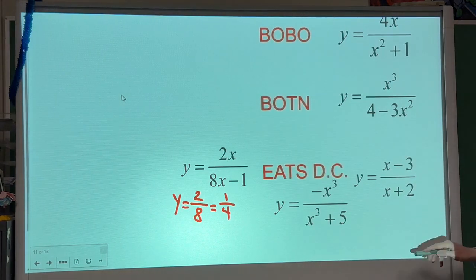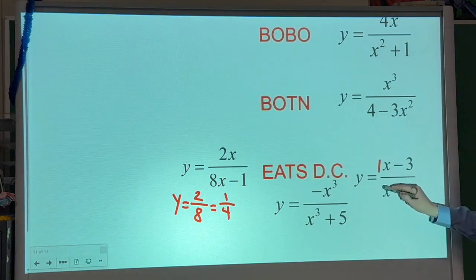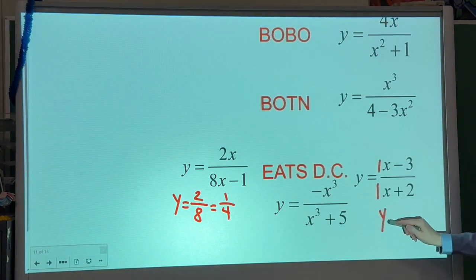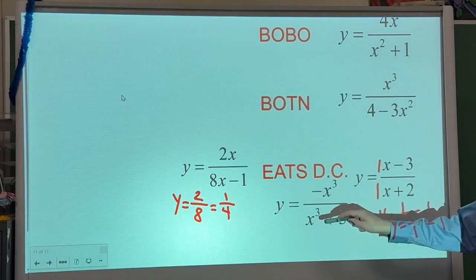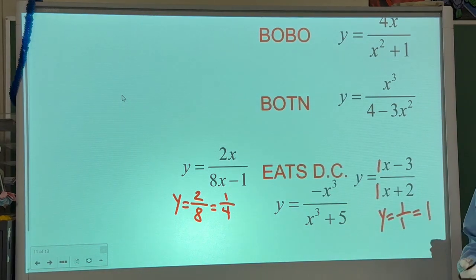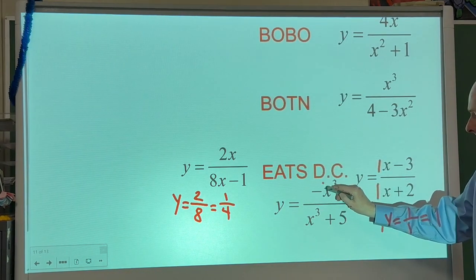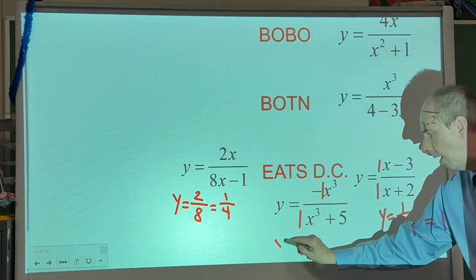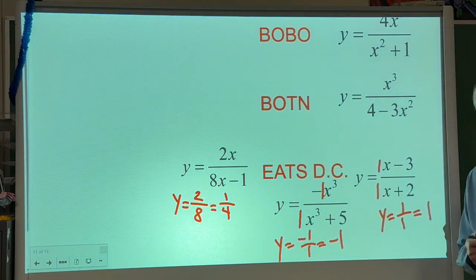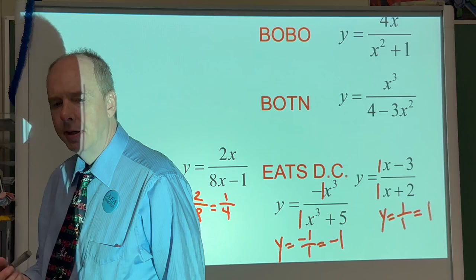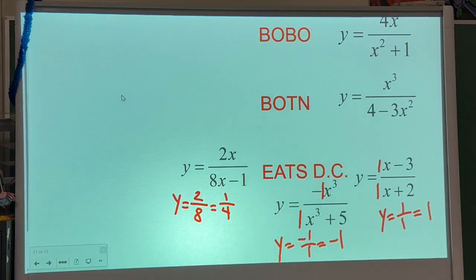Exponents 1, exponents 1. I take 1 divided by 1. My horizontal asymptote is 1. Exponents 3, exponents 3. I take my coefficients, -1 divided by 1. My horizontal asymptote is -1. So you divide your coefficients if your exponents are the same.